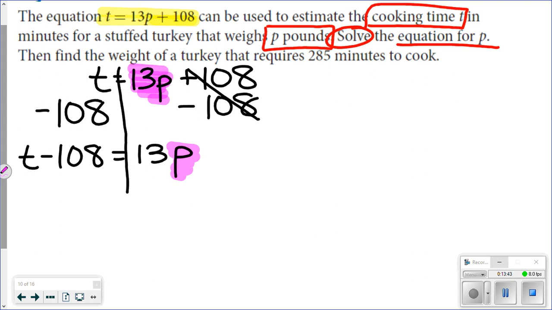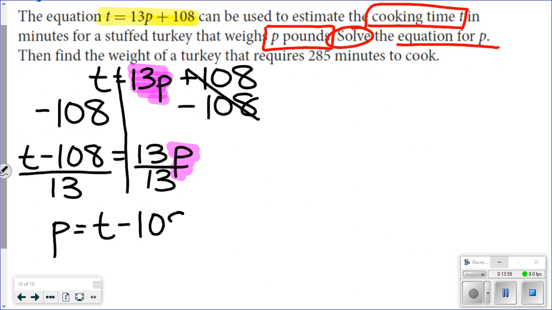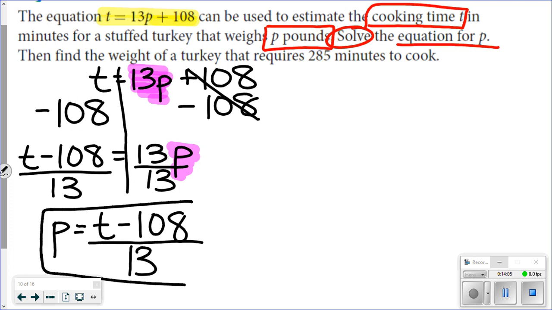And we just want p by itself, so the opposite is to divide by 13 on both sides. So let me rewrite this as p equals t minus 108, and all of this is being divided by 13. So I did the first part of the question, which is solve the equation for p, but we're not done.